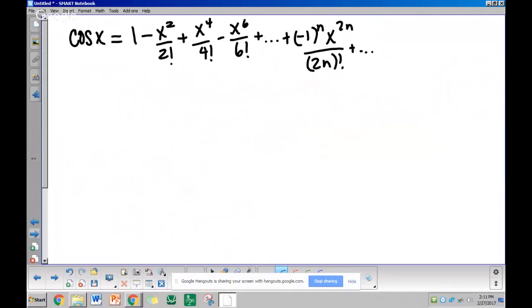Let's say I wanted to approximate, and this is centered where, by the way? The cosine of something close to 0. The cosine of 0.1.